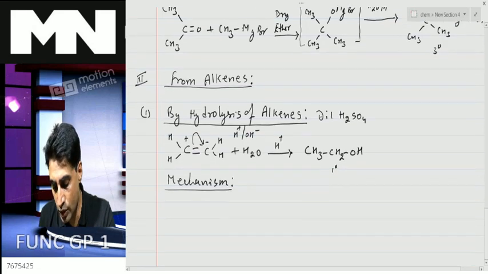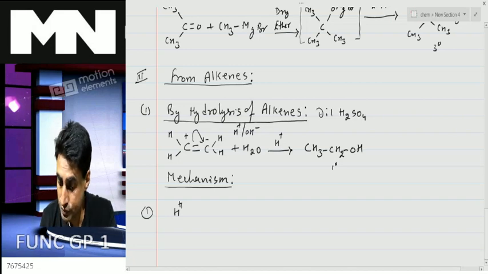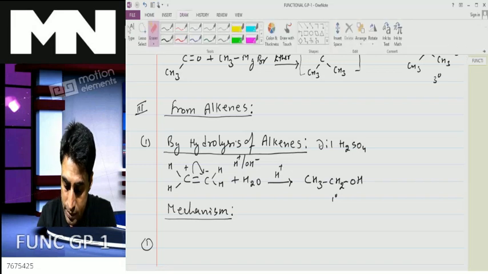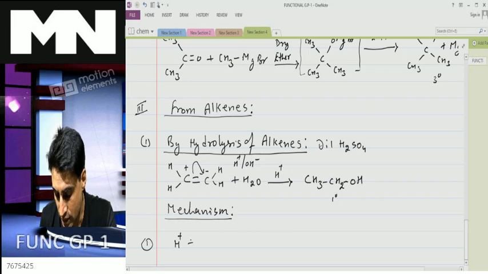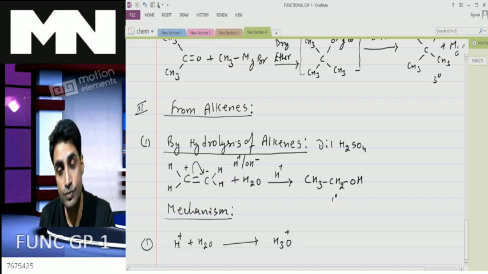Initially, in the first step, H positive from acid combines with H2O and it forms H3O positive.